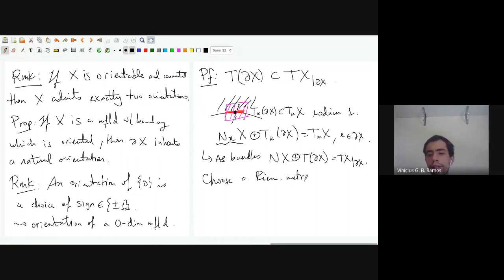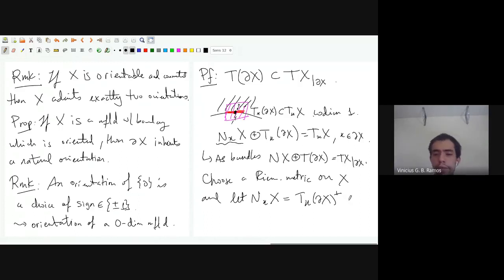That's just an inner product on X, and you can let this be the normal bundle. So it's the orthogonal complement of the tangent space of the boundary. And then because the Riemannian metric is smooth, you can basically prove that this varies smoothly.